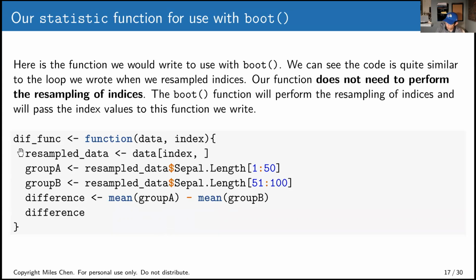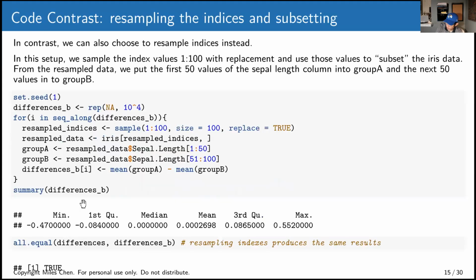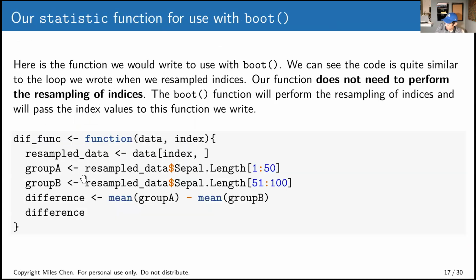And if you compare the lines of code here versus the lines of code I've written here, look at these lines. Resampled data is iris square bracket resampled indices, comma, group A is the first 50 values, group B is the resampled data sepal length, the next 50 values, calculate the difference between group A and group B. Those lines are pretty much exactly the same.